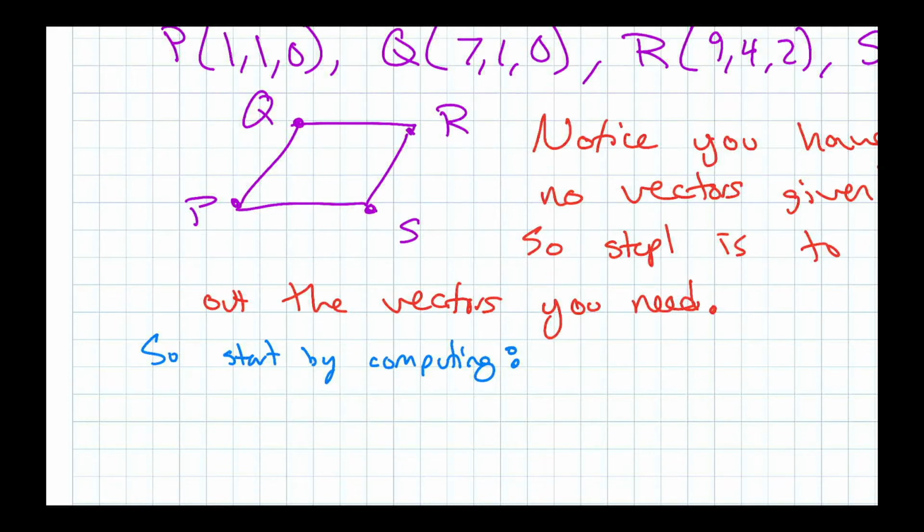Well, you put a vector there. What vector is it? It goes from P to Q. So that's vector PQ. And then we need the other vector, right? So we're going to need PQ, and also we're going to need this vector, PS.